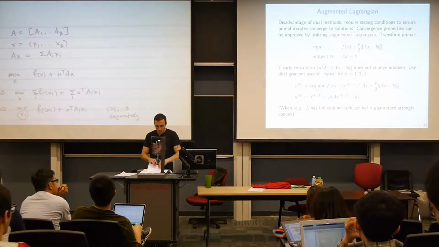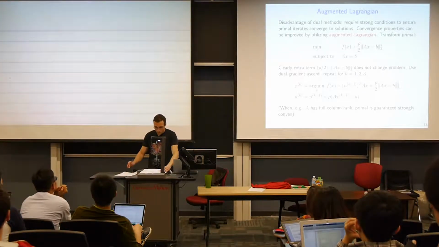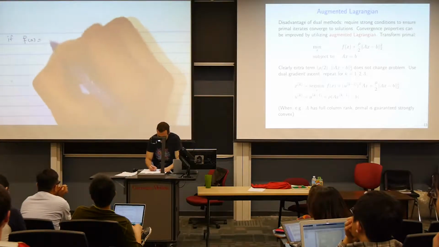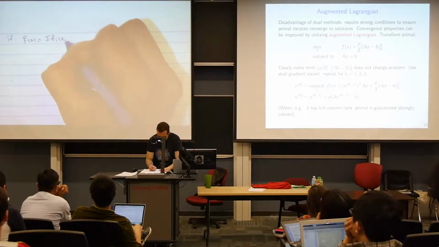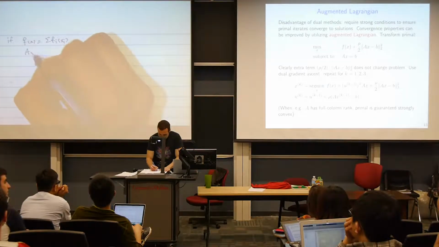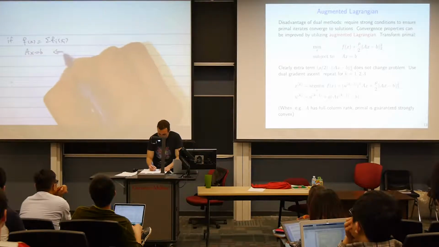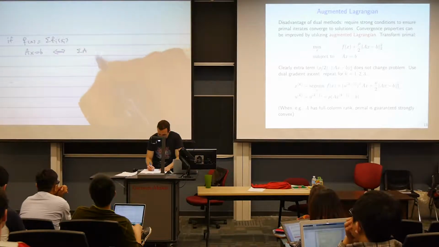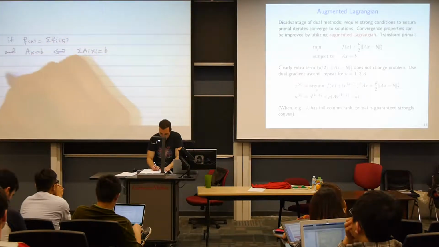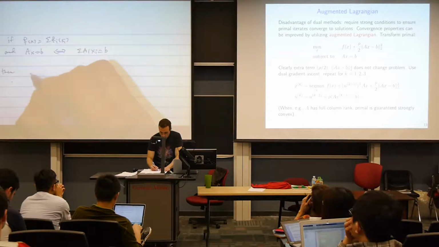If f was the sum of f_i of x_i, and I had a constraint like this, which I could rewrite as something like this, then the problem is that last term.